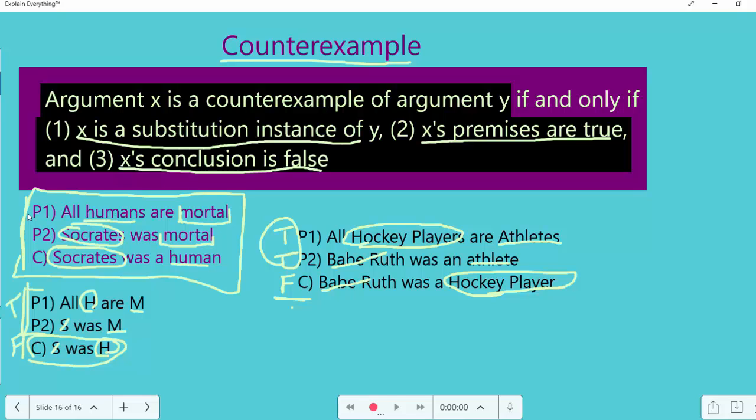It's important to note, and you'll have a chance to practice this in your homework or the exercises, you could have a substitution instance which has true premises and a true conclusion, and that would not be a counterexample. It's got to satisfy all three of these criteria.